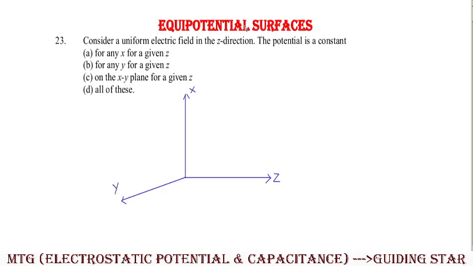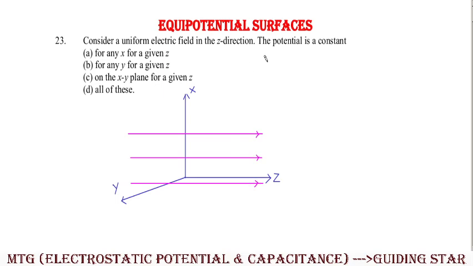So x, y, z here we have taken, and assume that electric field lines are along the z direction, as it is given in the question. Electric field lines are along z direction, and assume them to be constant over here. So that means it is a uniform electric field along z direction.